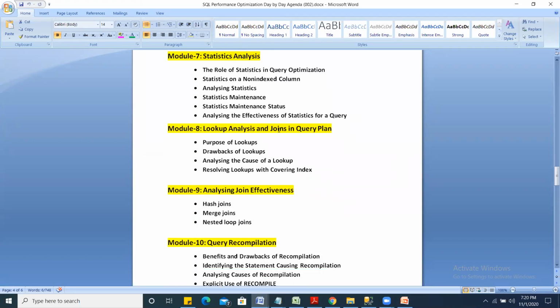Then you have statistics. We discussed something about statistics yesterday. Query store is also there. Then you have statistics analysis. I perhaps explained statistics in a very efficient manner yesterday, and for those who attended that session, it was really fruitful to have insight into statistics, and how the statistics stored in the histogram structure are used by the optimizer.